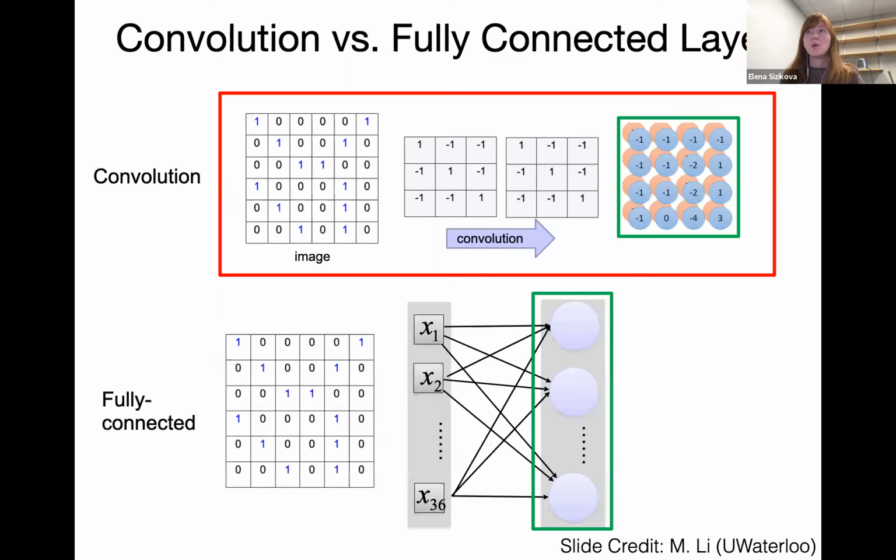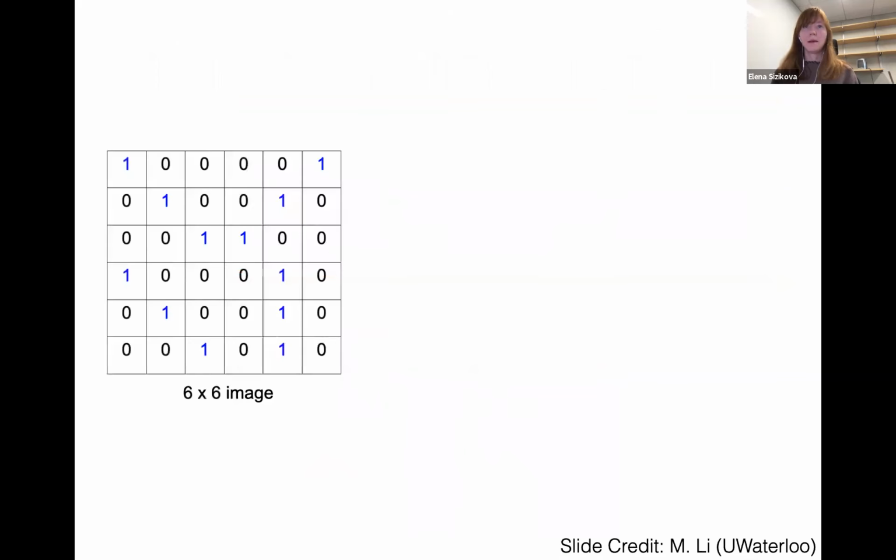But instead of saying I will only take a patch, I'm saying that my input is just an array, and I'm applying a weight to every single one of the values and producing an output. So the kernel size of the fully connected layer will be the size of the input image, essentially.